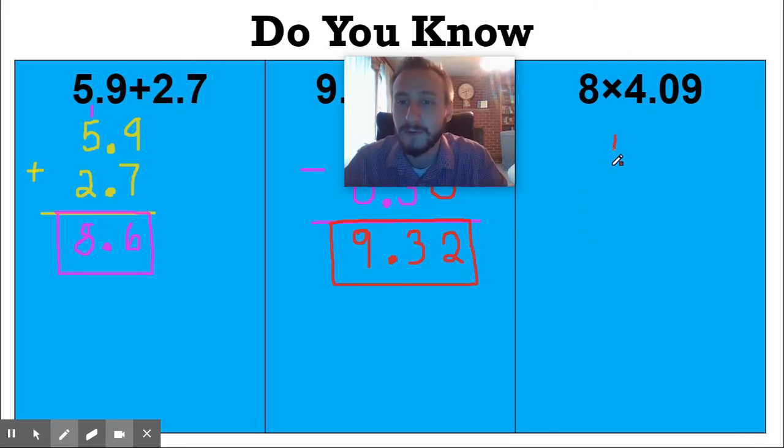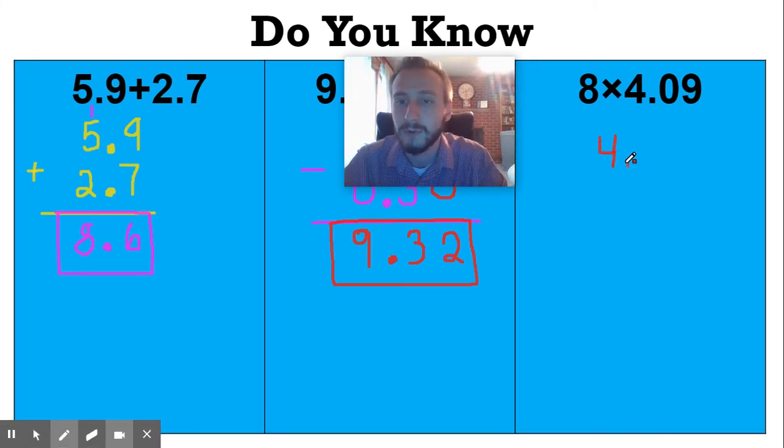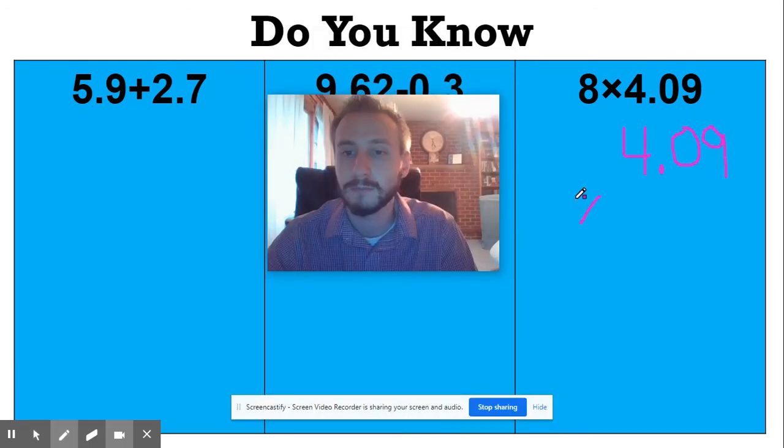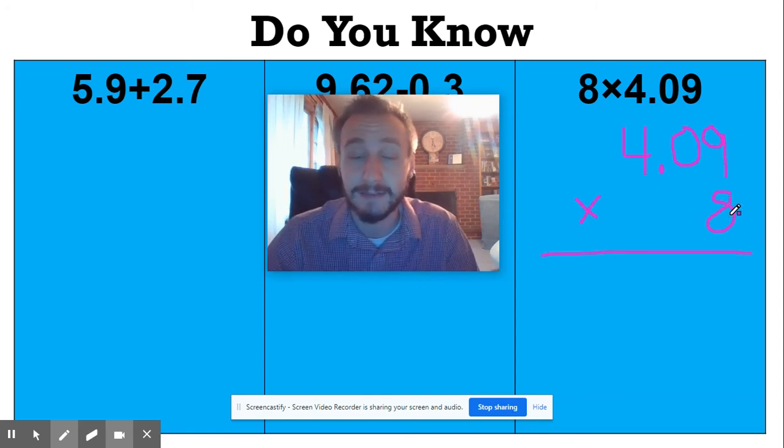So let's write 4.09 and let's multiply that by 8. The next thing is that you do not need to line up your decimals when you multiply. Just put it on over here like a normal multiplication problem. So what's 9 times 8? 72.